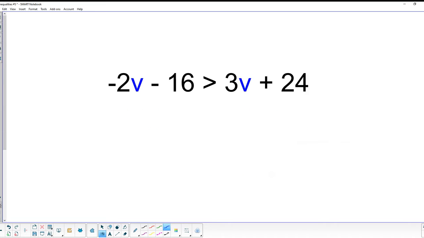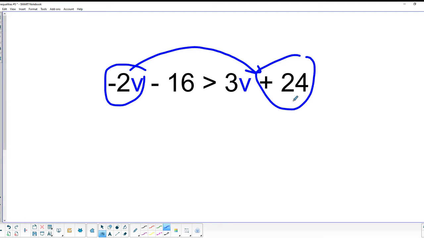Okay, moving right along for a multi-step inequality. We've seen these kind of problems with equations before. So what we're going to do is get all the variables on one side and all of the constants on the other side and then solve. I'm going to start by moving the negative 2v to the other side and the 24 over to the left side in this case.